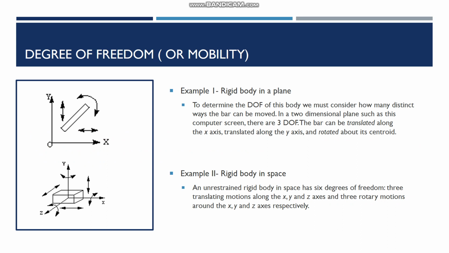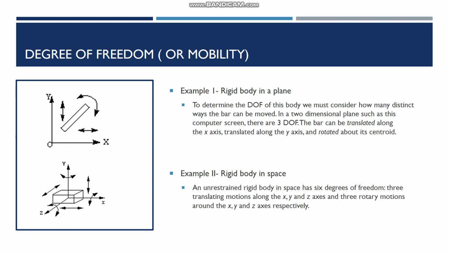Now let us consider a rigid body in a 2D plane. To define the position of this rigid body in a 2D plane, we would need 3 independent variables. The body could move along the x-axis, so one variable would be its position along the x-axis, another would be its position along the y-axis, and the third variable would be the rotation.